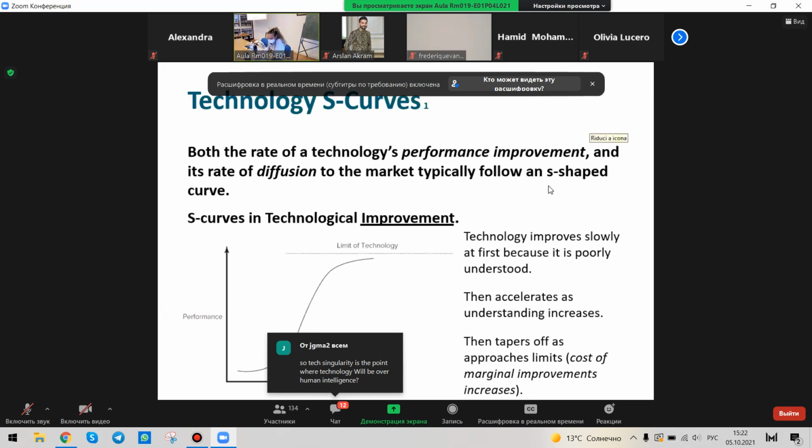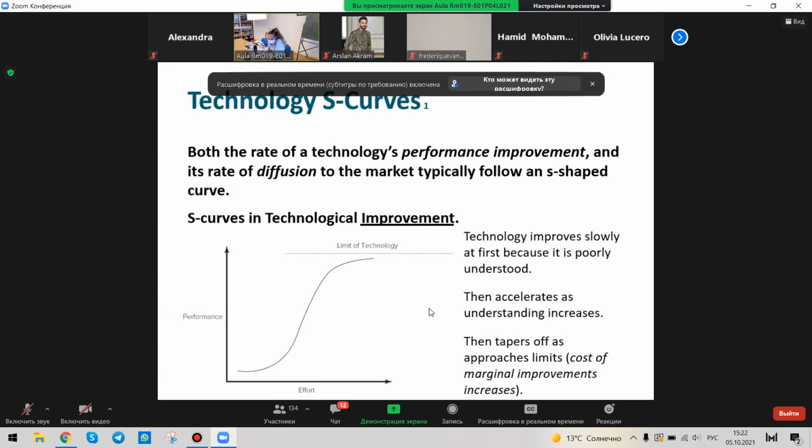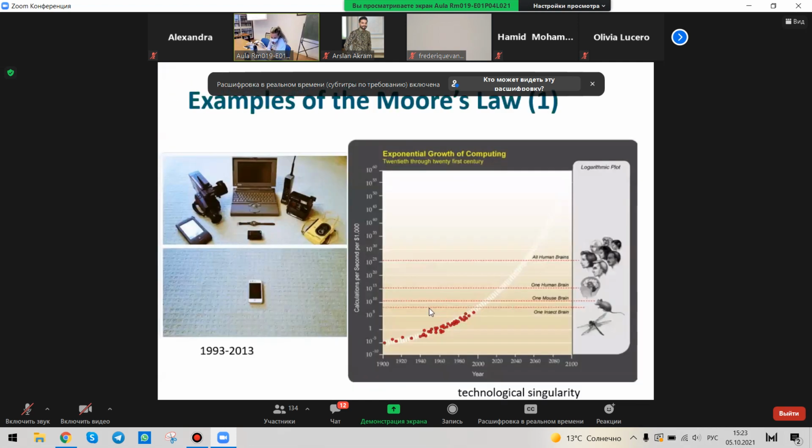Yes, tech singularity is the point where technology will be over human intelligence. So as you can see from this image, we have one insect brain. This is the first level of the corresponding growth in terms of power, of course, in terms of a power function. Then we have one mouse brain, one human brain, and of course we are just here.